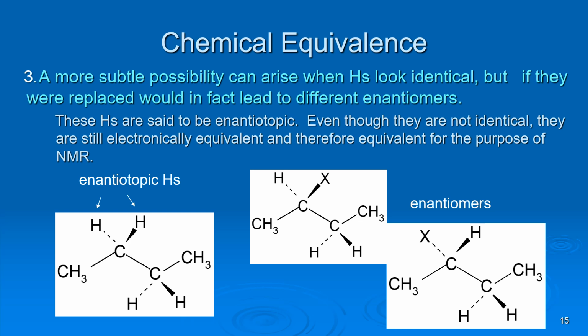Even though they're not actually identical, they're still electronically equivalent, and so they will give rise to the same peak. So you almost always, and we'll see an example where this is not true, oftentimes in a ring, but usually if there are 2 hydrogens on the same carbon, we can assume that they give rise to the same peak, although that's not always true, but usually it's true.